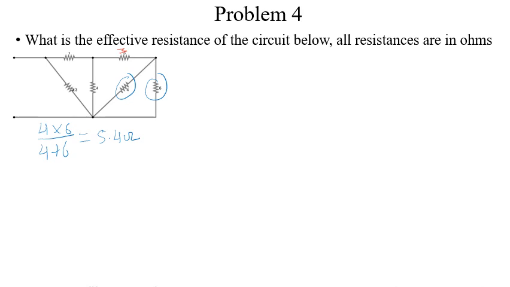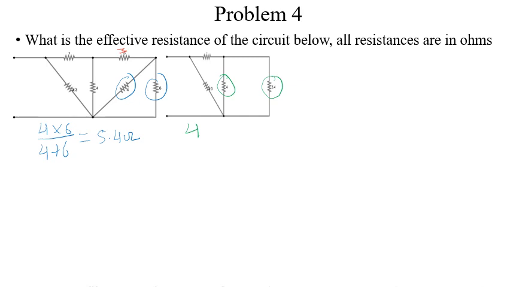After resolving it this way, I always tell you that you should always redraw your circuit so that you really understand how things are going. So we've redrawn our circuit. We have our 5.4 here. Then what do you realize? We realize that again, this 4 and this 5.4 are in parallel again. So we'll resolve them as well.